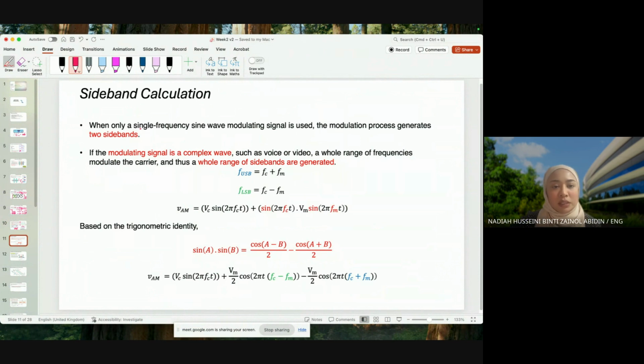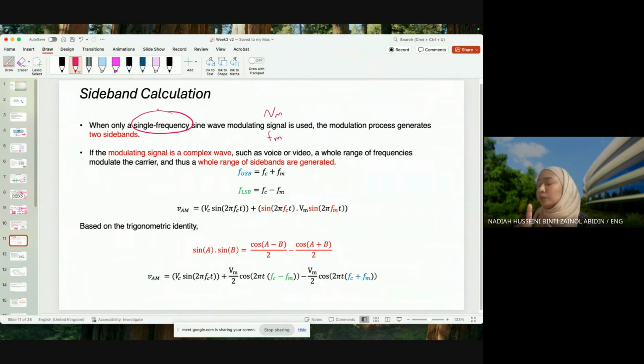When only a single frequency sine wave modulating signal is used, the modulation process generates two sidebands. Now, if the modulating signal is a complex wave, what we talked about here is a non-complex wave because it only has one frequency.